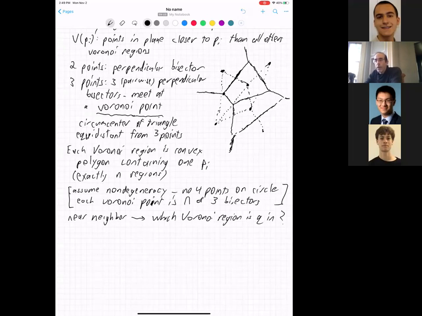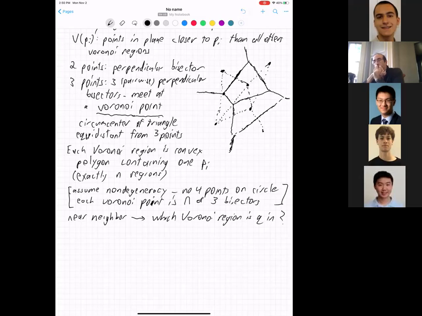Now, how do I answer that question? I've got this geometric arrangement that breaks the world up into polygons, and I have a query point, and I want to know which polygon it's in. Can I answer that question? You check each of the perpendicular bisectors and see which side it's on. Ah, good. So I can certainly answer that question in order n time, in linear time.